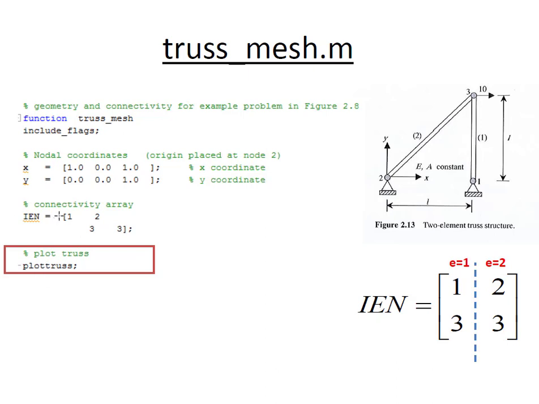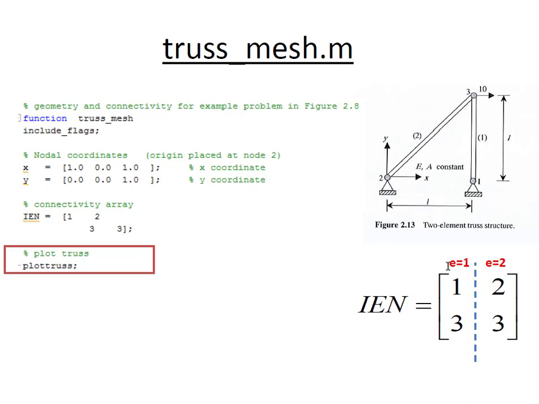The next step is to define the connectivity array. In this case, IEN contains the connectivity information. Each column represents an element. The first row is the first node of that element, and the second row is the second node of that element.